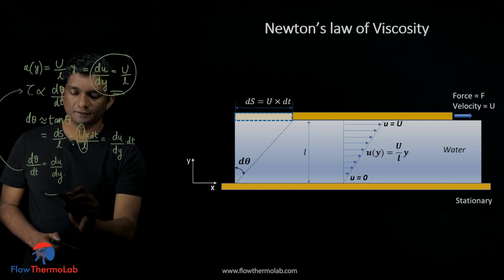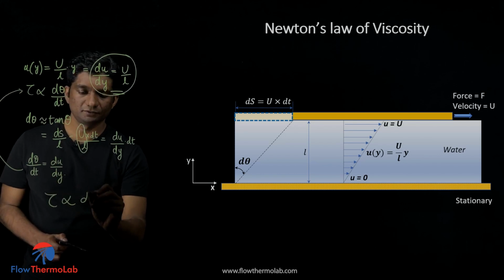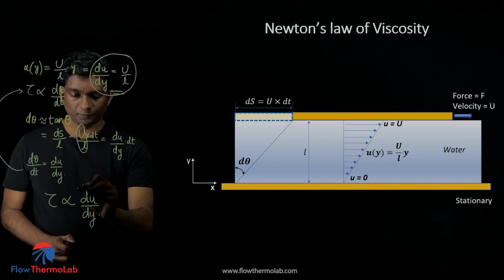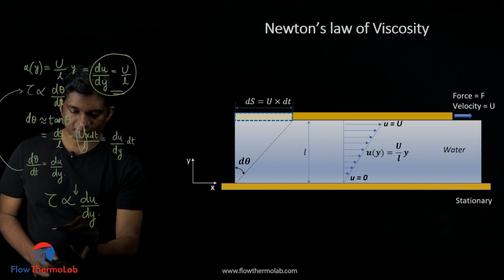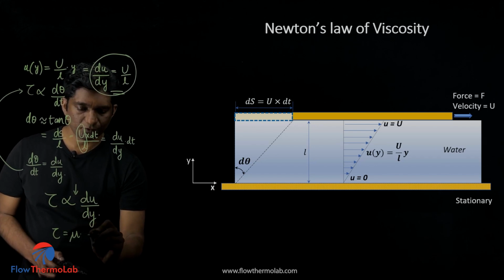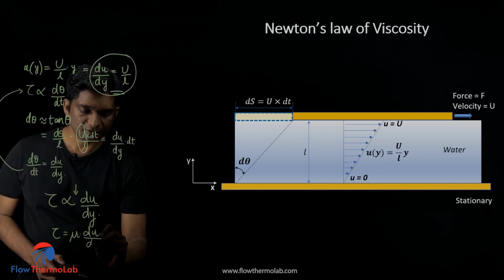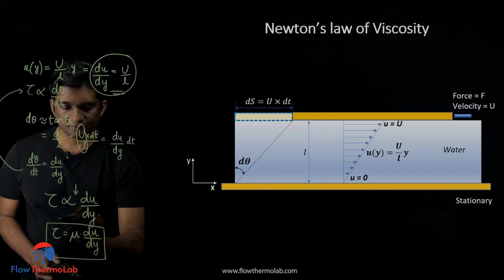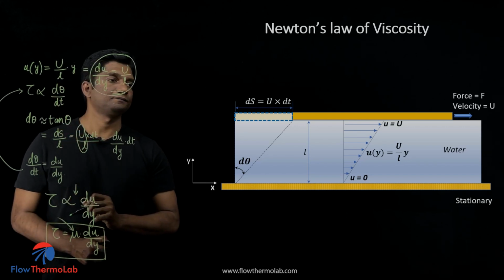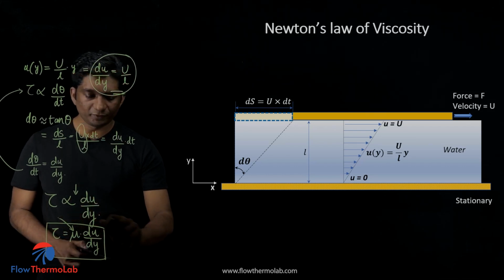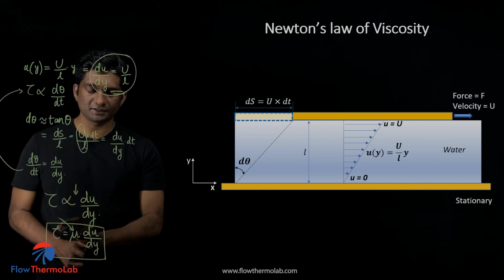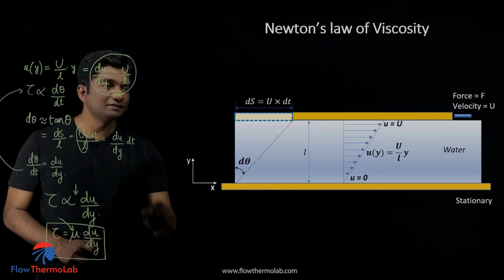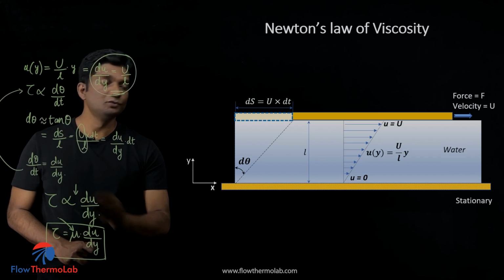So we can say tau is proportional to du by dy, or the velocity gradient. And the proportionality constant here, we can say tau is equal to mu times du by dy. And this proportionality constant is the dynamic viscosity. Okay, and any fluid which obeys this law, shear stress equal to mu times du by dy, these kinds of fluids are called Newtonian fluids.